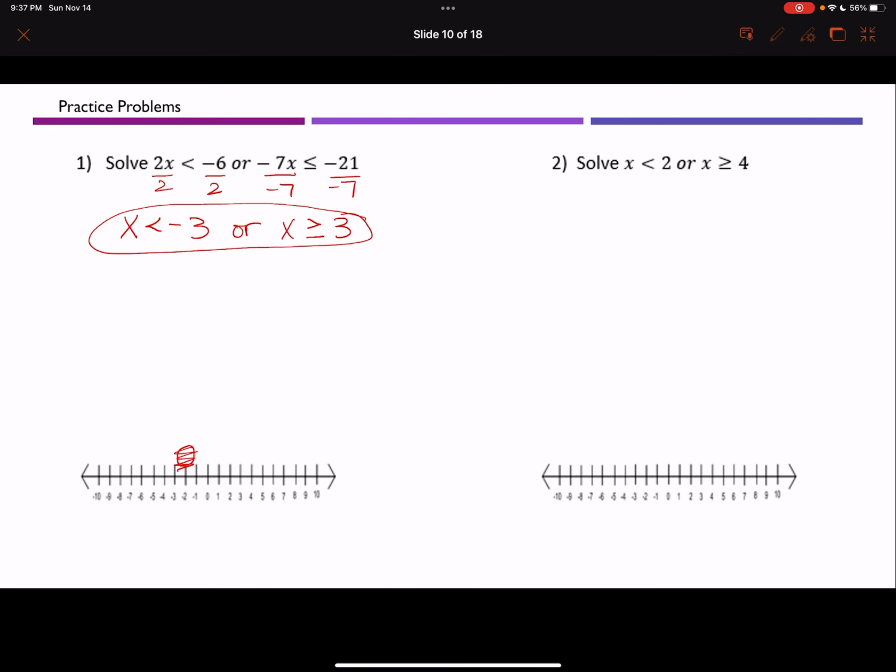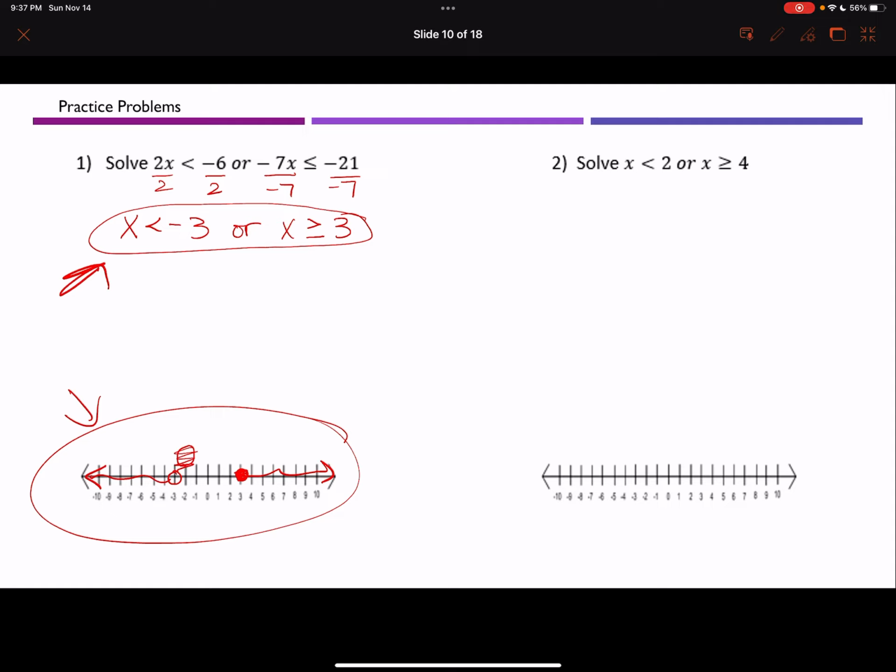It's not letting me erase right now, so pretend that's not there. But we would start, let me graph it down here: negative 3 or below, and then positive 3 gets a closed circle or above. And then there's my solution. So there's going to be 2 parts to my solution, the algebraic solution and then the graph as well.